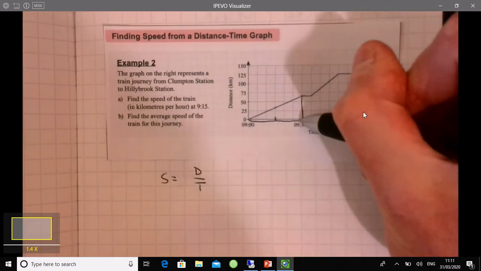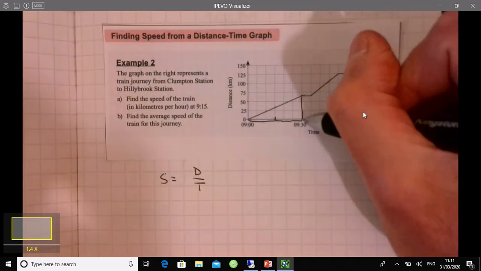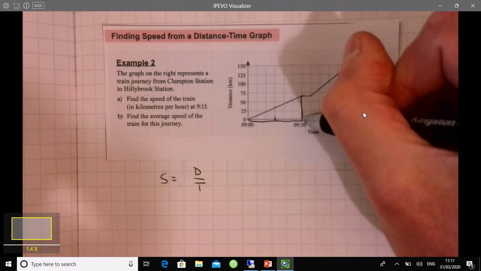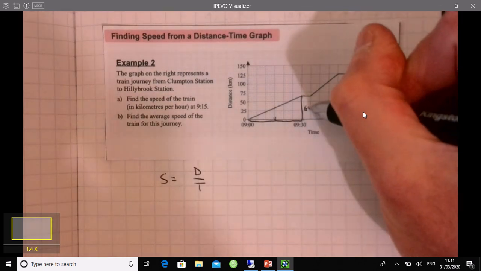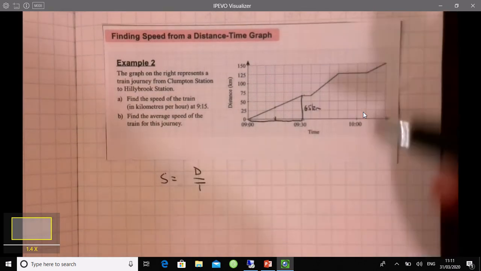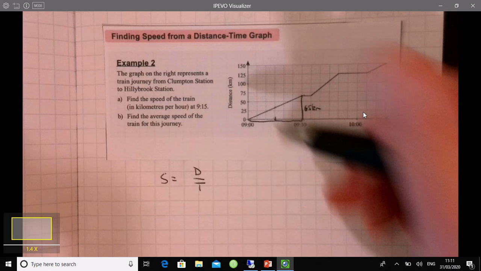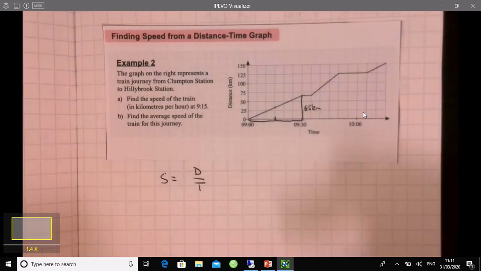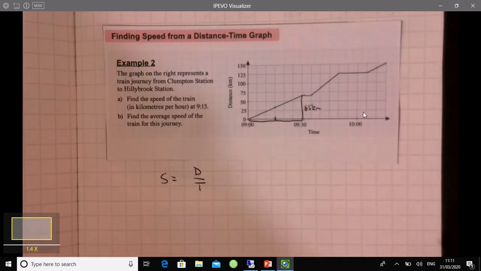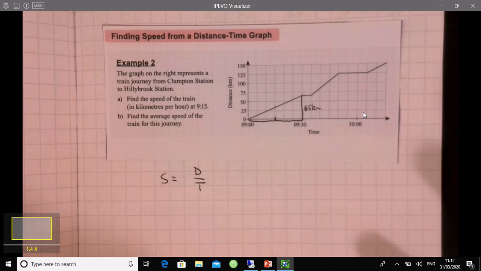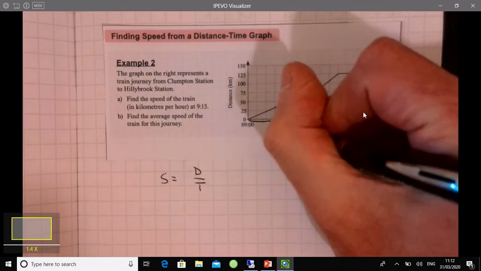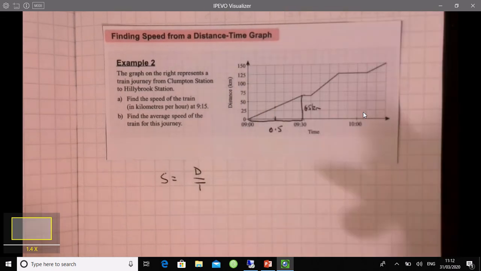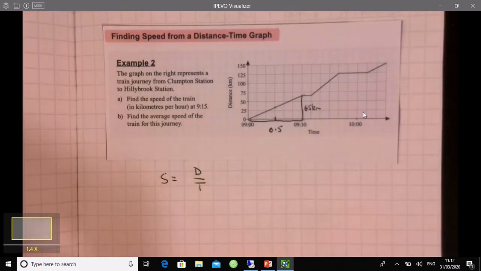I've got 65, I'm going to take that to be. So 65 kilometers just there. And then we've got half an hour. Now remember we said time isn't decimal, so it doesn't actually help if I write 30 minutes. I'll be far better off if I write 0.5 to stand for half of an hour.